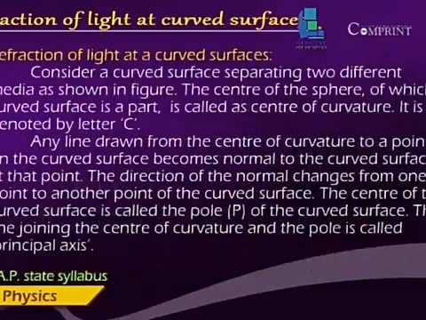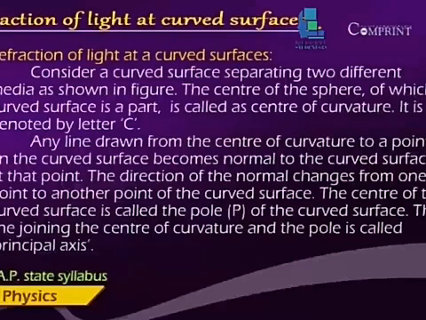Consider a curved surface separating two different media as shown in the figure. The center of the sphere, of which the curved surface is a part, is called the center of curvature. It is denoted by the letter C. Any line drawn from the center of curvature to a point on the curved surface becomes normal to the curved surface at that point.